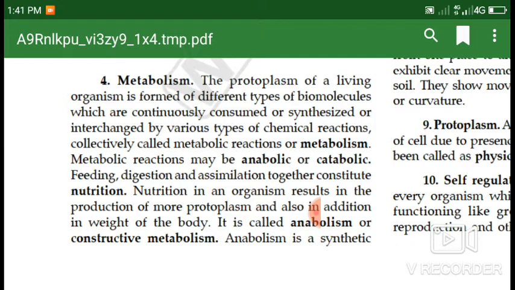So metabolism has two processes, anabolism and catabolism.